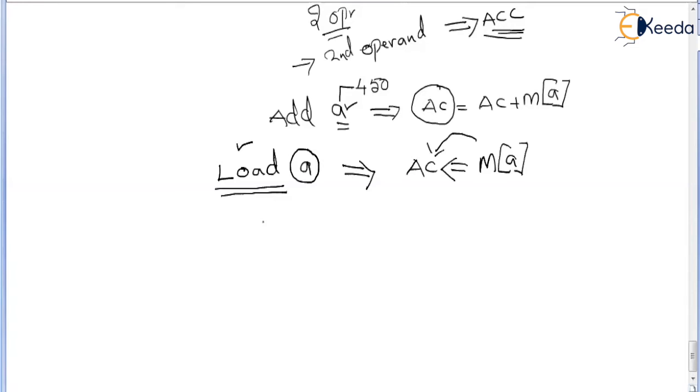And one more example for a one address instruction is store a. What is store a? The store instruction acts exactly as the opposite of load. When you execute load a, the contents of memory location a will get transferred to the accumulator.